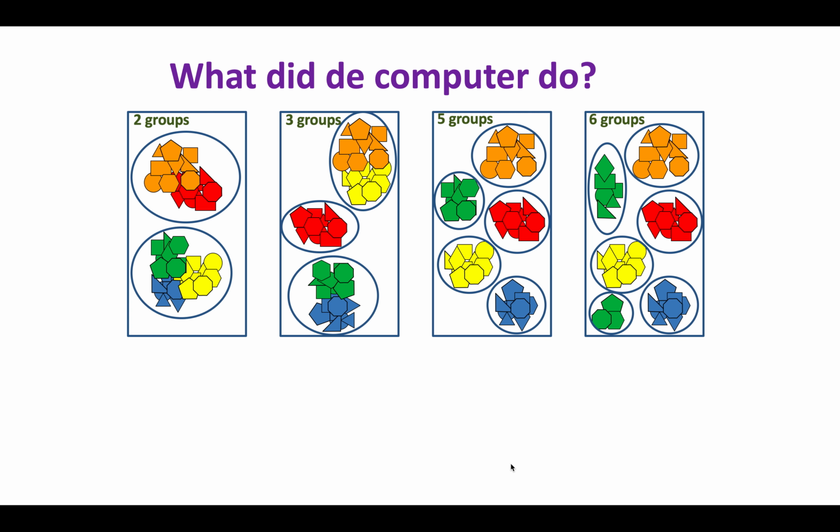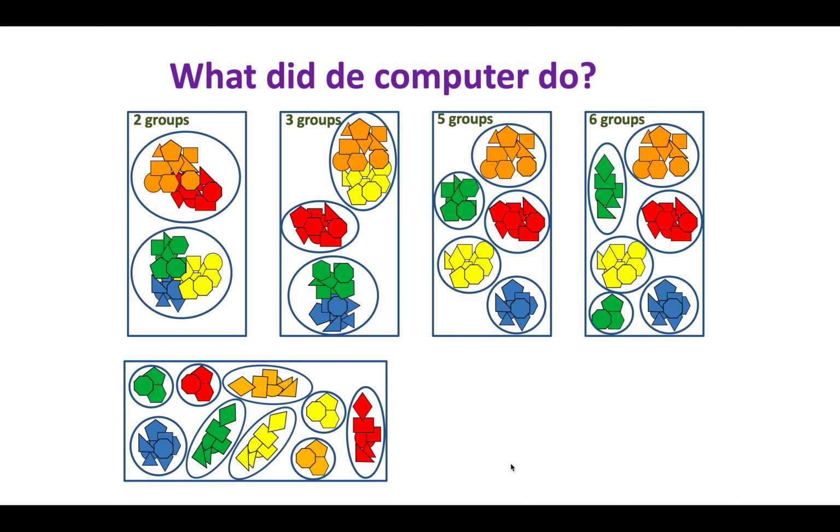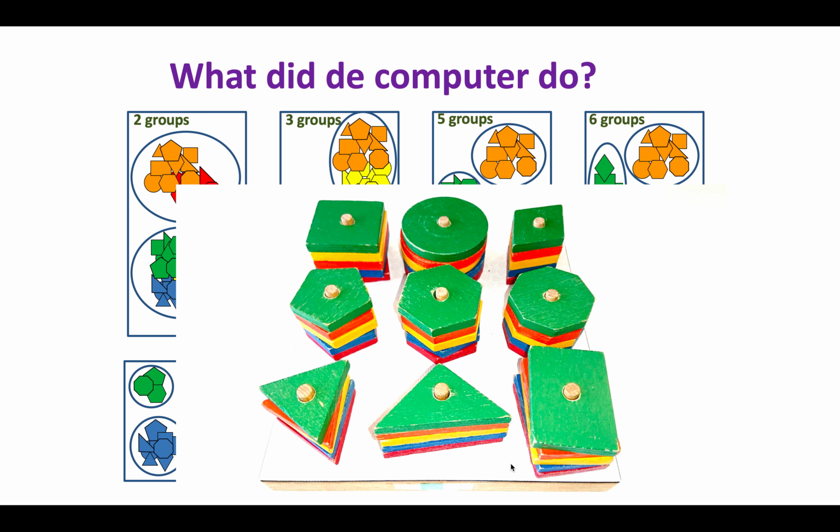For six groups, it did this. And nine groups, it did this. And the interesting thing is that for the nine groups, it distinguishes on color, but not on shape. So clearly the shape was not weighted correctly. Because this is what we ultimately were told in school to do, actually get the shapes together.